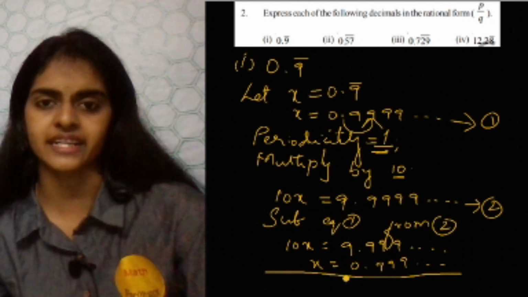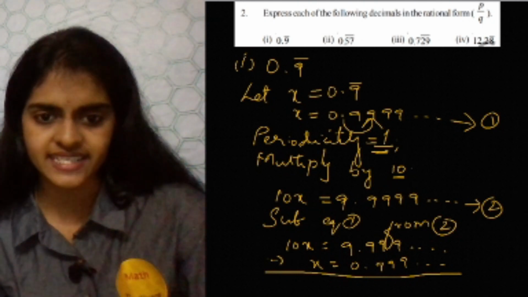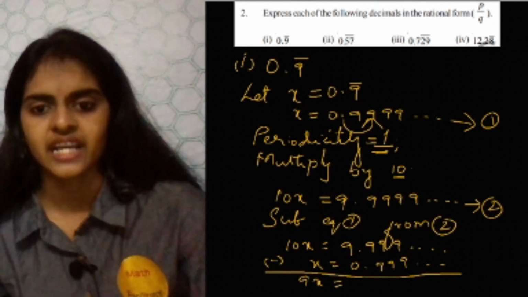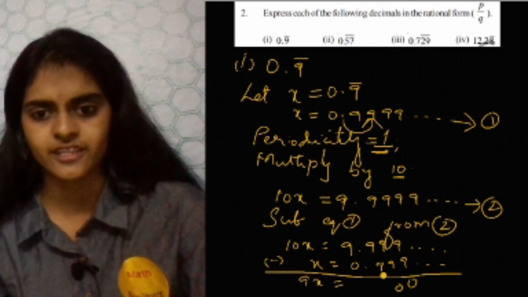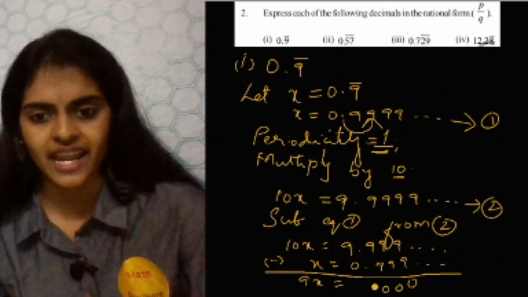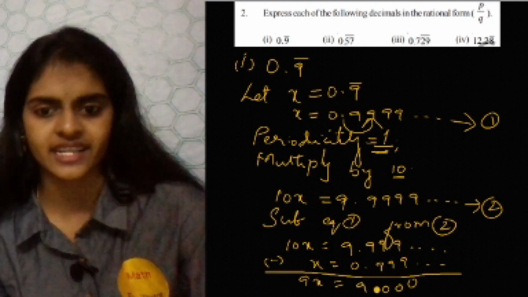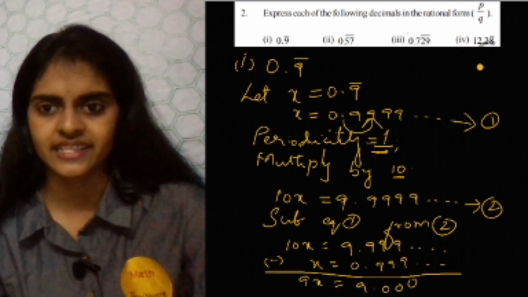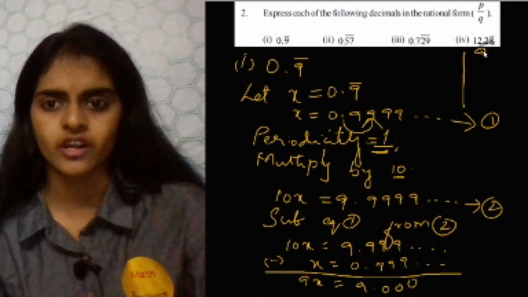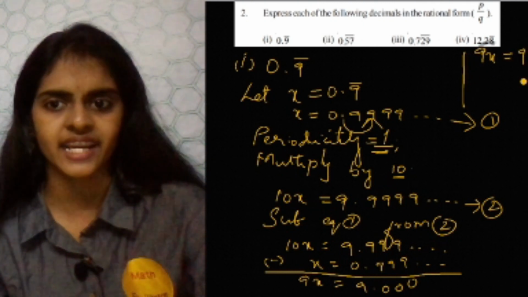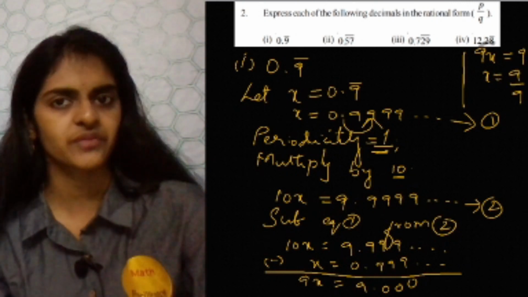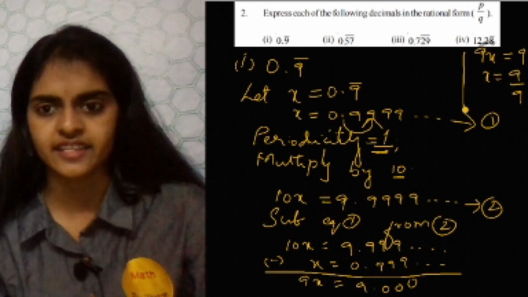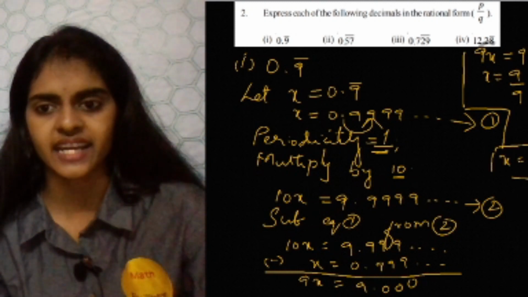If you subtract, 10x minus x is 9x is equal to 9 minus 9 is 0, 9 minus 9 is 0, 9 minus 9 is 0, and you have a point, 9 minus 0 is 9. So you got 9x is equal to 9. So x is 9 divided by 9, which is 1.